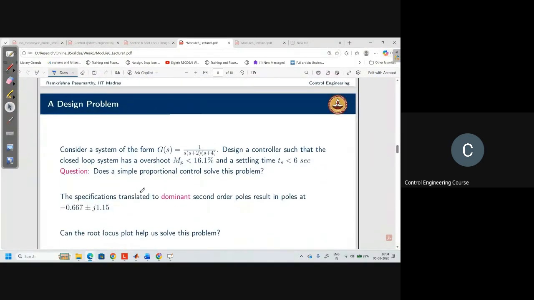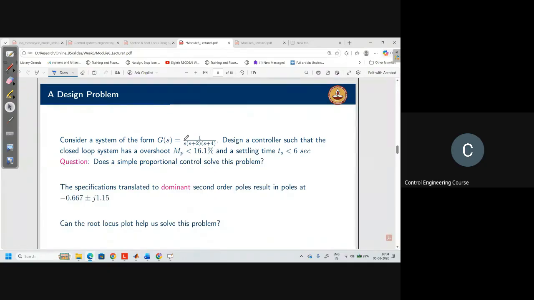Let's take one simple example. Here, the open loop transfer function G of s is given by 1 by s into s plus 2 into s plus 4, and they have given Mp as this one and Ts as this one. Now, the first step is we need to calculate the dominant pole defined by s_d. s_d equal to minus zeta omega n plus or minus j omega n into square root of 1 minus zeta square.